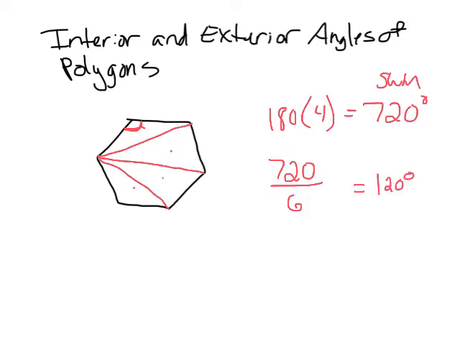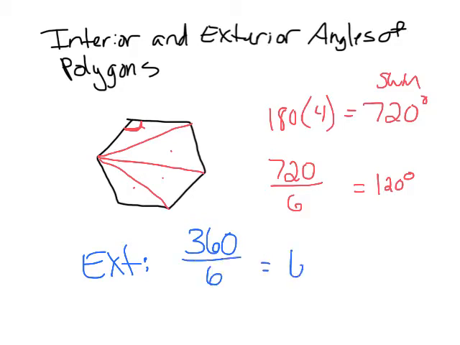Now for exterior, basically the sum of all the angles on the exterior of any polygon is 360 degrees. So to find one of them, you take 360 and divide by the number of sides.